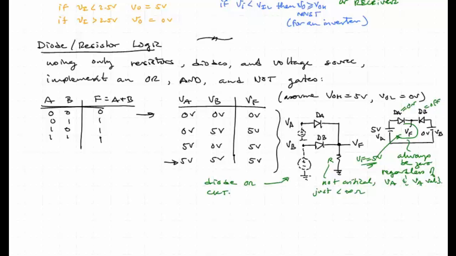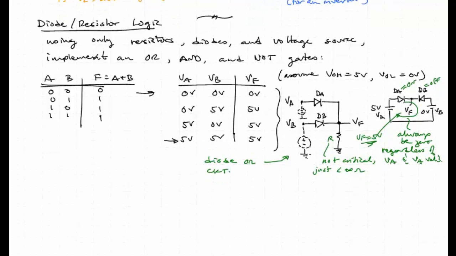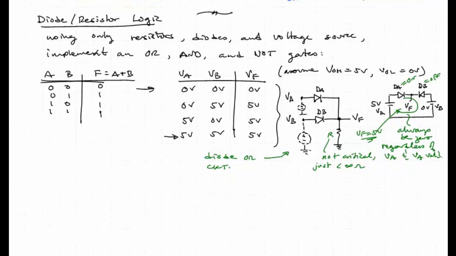Now it works. We can use this in some contexts, but it doesn't have a very useful transfer characteristic. Let me show you what the problem is here. The output voltage VF can be expressed this way. It's going to be equal to the maximum of VA and VB.